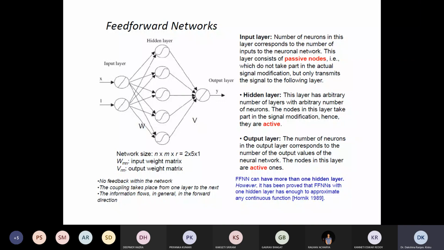But if we consider a multi-class classification problem, then we can have more than one neuron in the output layer. Similarly, we can consider any number of neurons in the hidden layer, but for this selection we don't have any thumb rule.